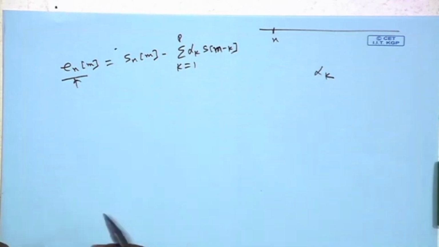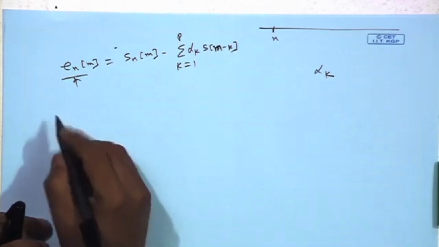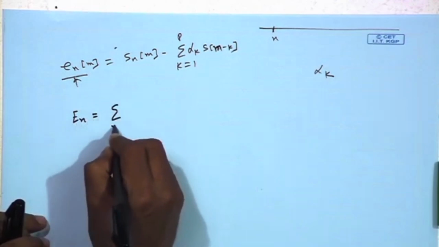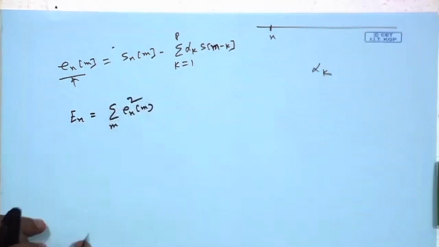So, what is the procedure to minimize the error? One of the procedures is mean square error minimization. So, I can find the mean square error. What is the mean square error? E n is nothing but the sum over m of E n m square.